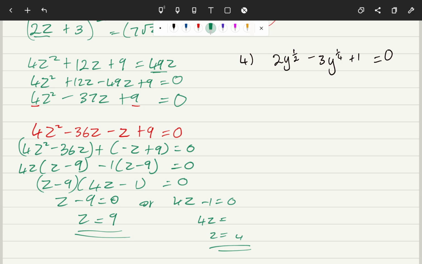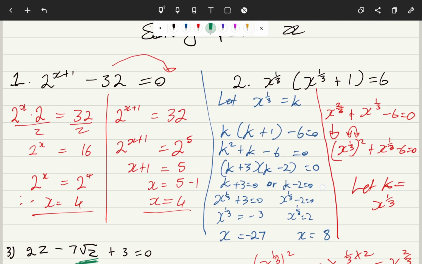So that's exactly what I'm going to do right here. You have your exponents as fractions, which can be very confusing. But looking at how we dealt with number 2, I hope that gives you a clue.